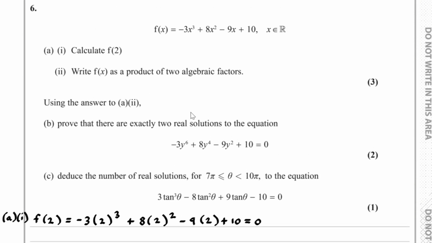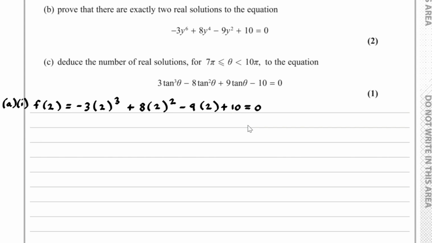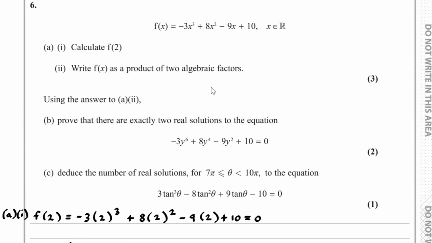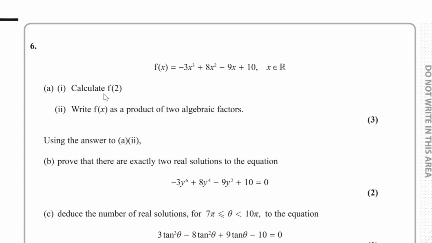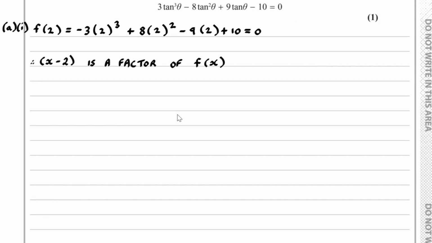And now we have to write f of x as a product of two algebraic factors. Well, we see that f of 2 is equal to 0. And because of that, x minus 2 is a factor of f of x. So what we need to do now is rewrite this result as the product of two algebraic factors.